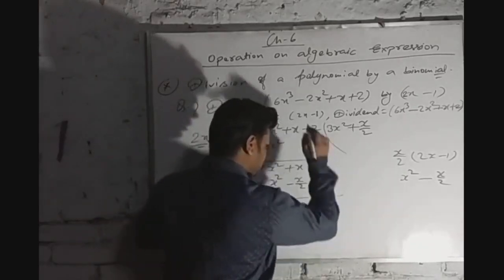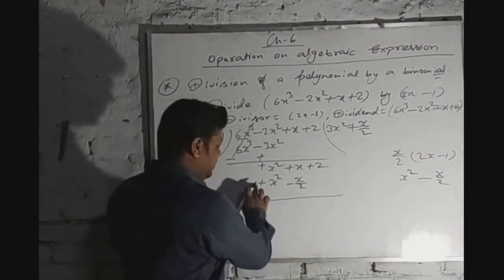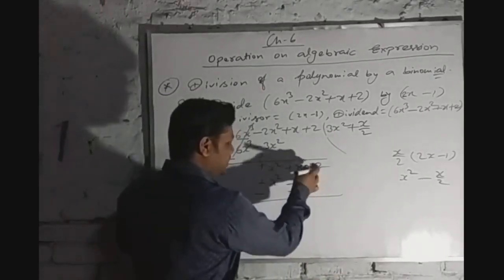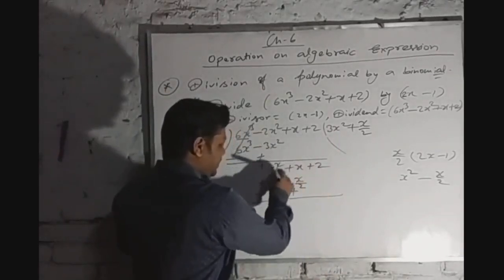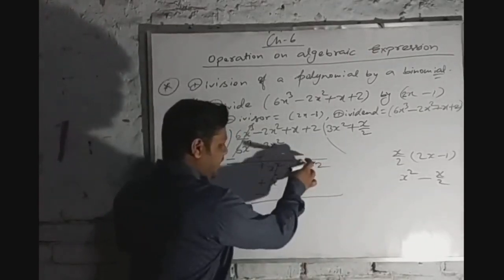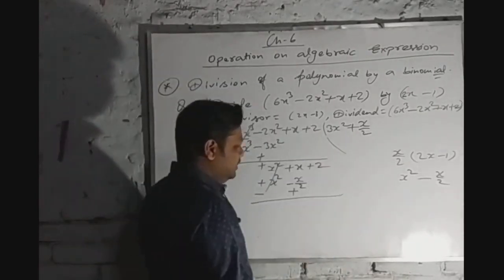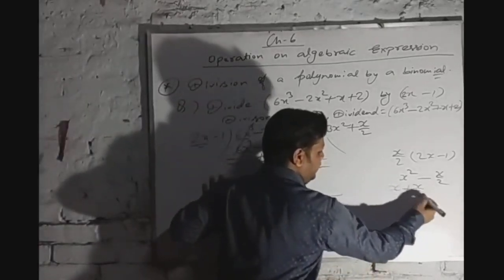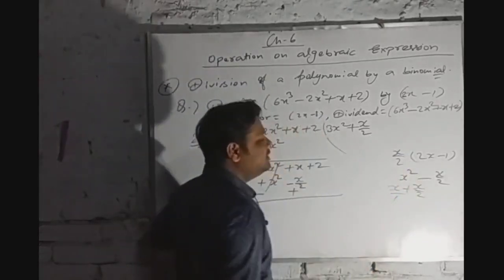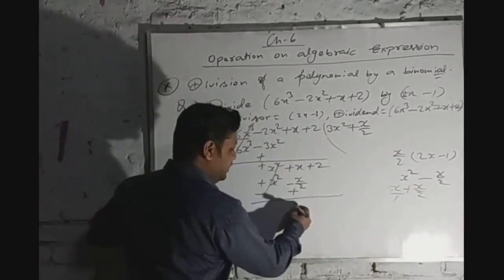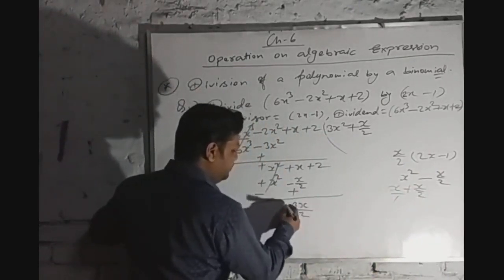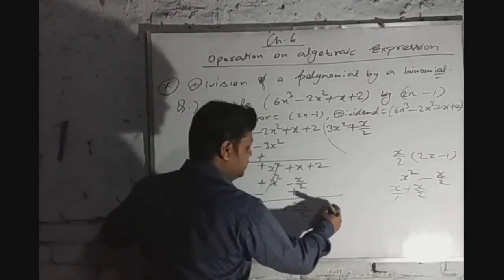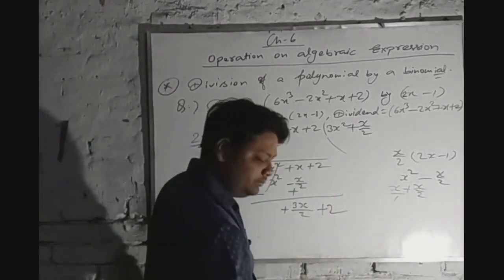So we write x square minus x by 2. Now change the signs again. The x square terms cancel out. Now x plus x by 2, the value will be 3x by 2, with plus sign, and here plus 2.